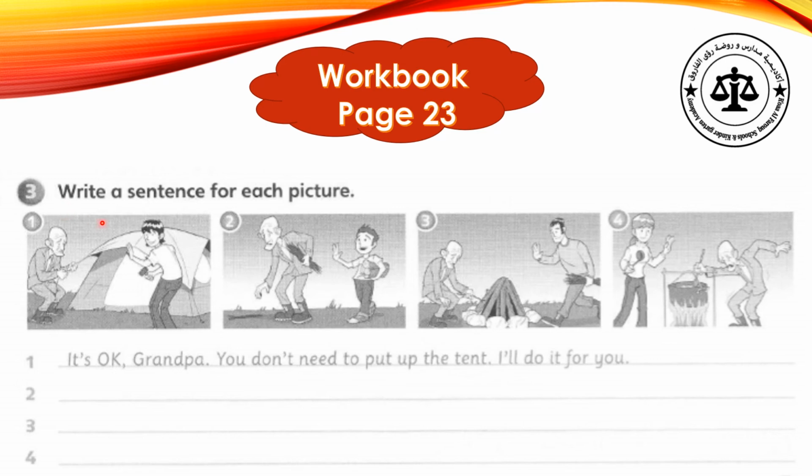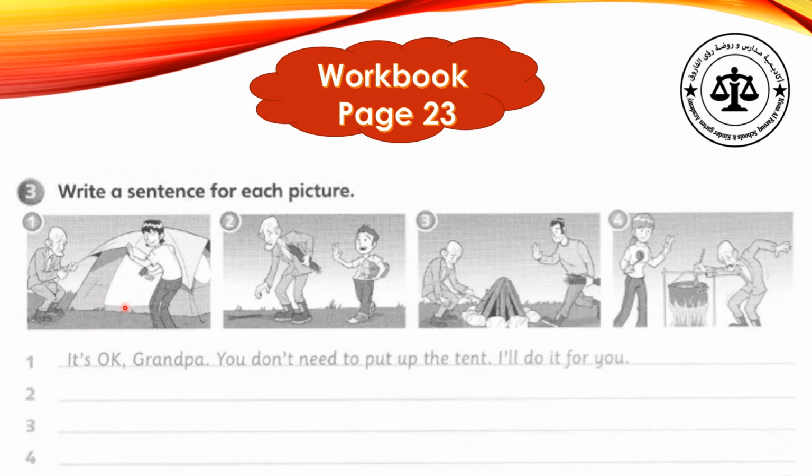Exercise 3. Write a sentence for each picture. We have 4 pictures with 4 sentences. Look at picture number 1. What did the boy say to his grandpa? He said, "It's okay, Grandpa. You don't need to put up the tent. I will do it for you."